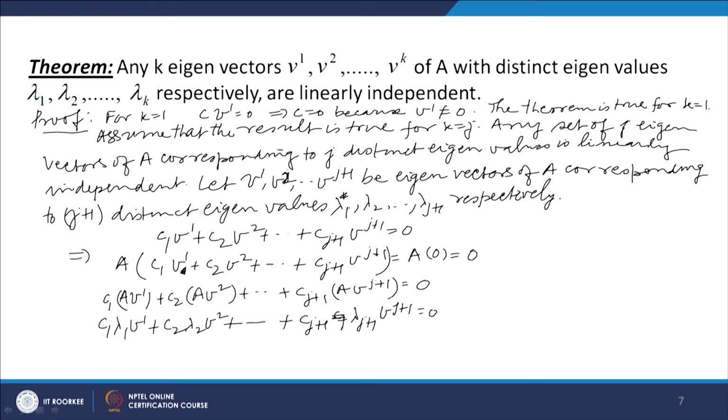Now, let us take this as equation 2 and the earlier one as equation 1. We multiply equation 1 by lambda 1 and then subtract from 2.